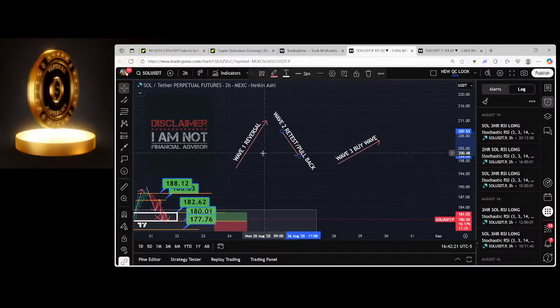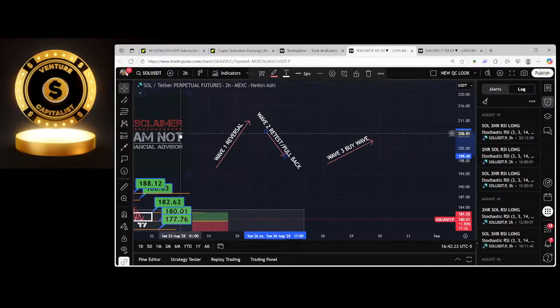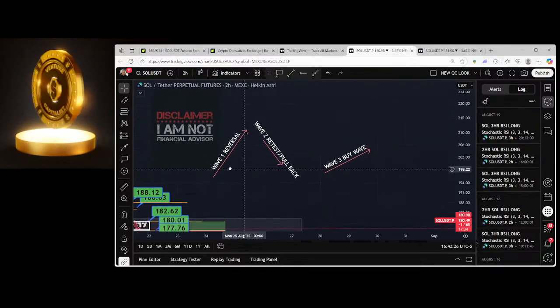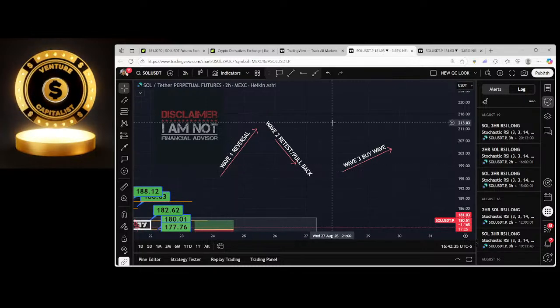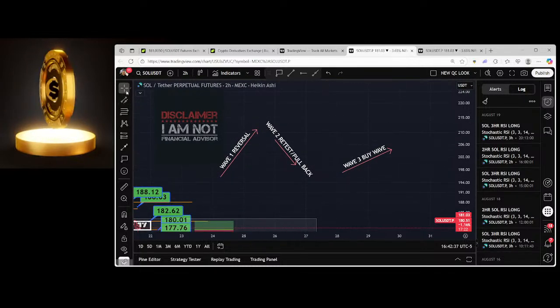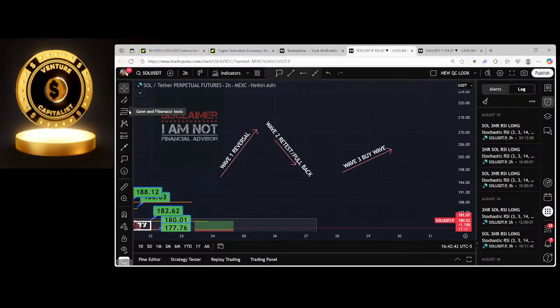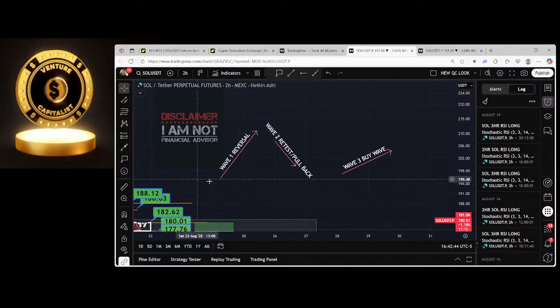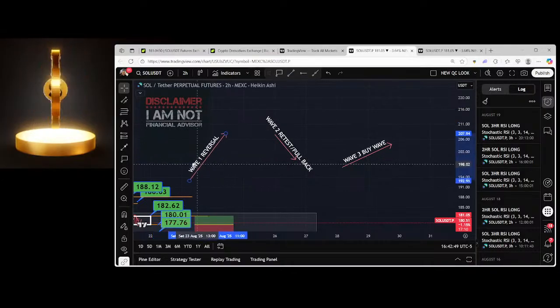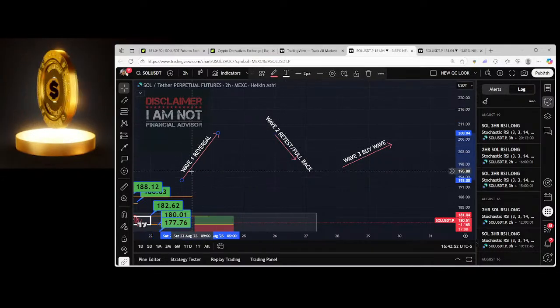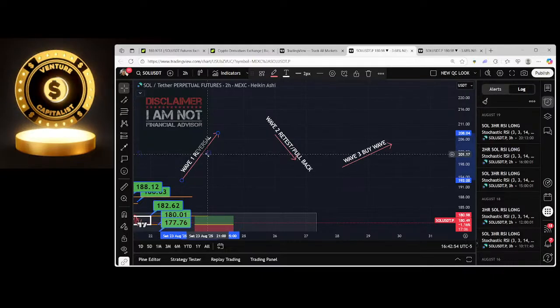All right, so here, let's get through this and we'll piece together the basics here. Here's how it goes. The very first wave is the wave that you have to locate, and there's ways to locate the wave. We have certain things that we use, indicators and stuff like that, that allow us to find wave 1 reversals.